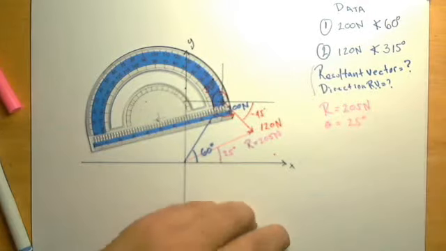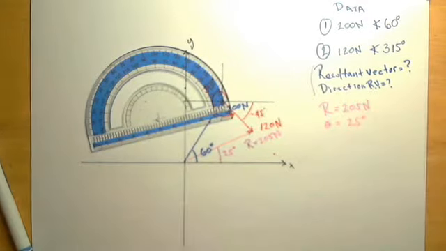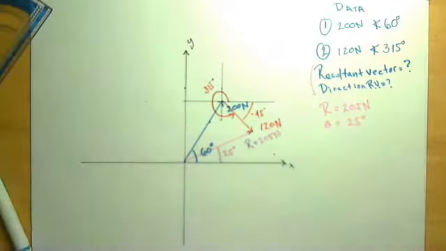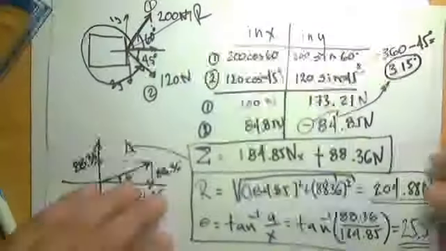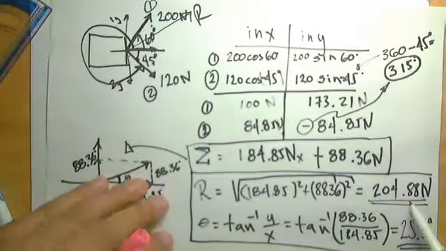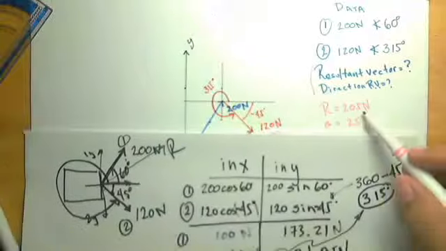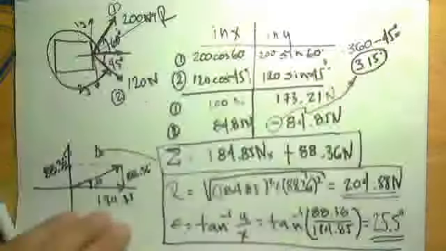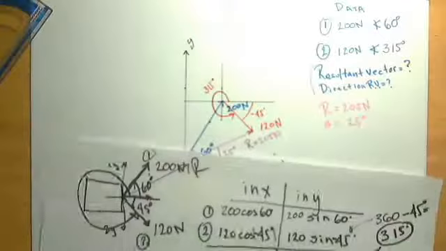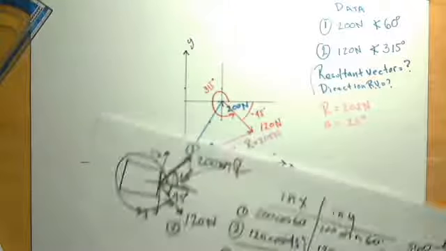Now, what is the result for this one? If you remember, I'm going to just jump and show you the other from the other video. We had a resultant of 204.88. Oh, so basically the same thing, right? And we have an angle of 25.5. So there you go. We have the same result and the analytical way.